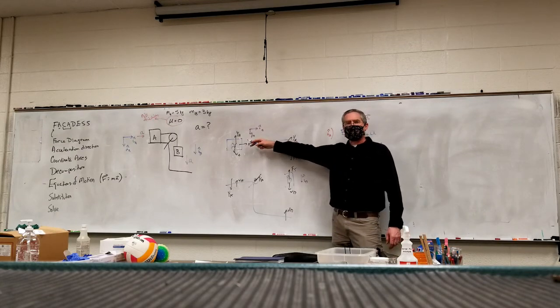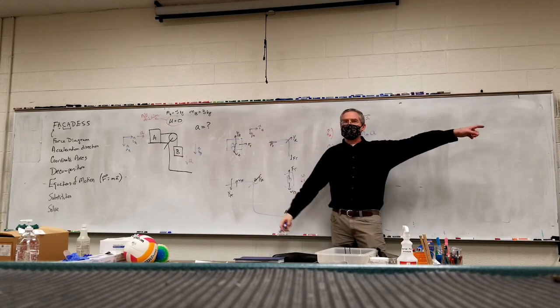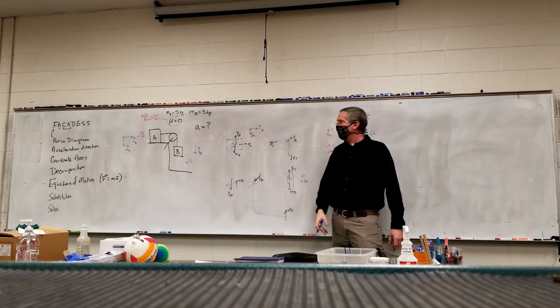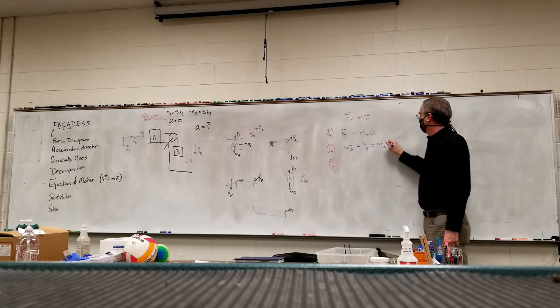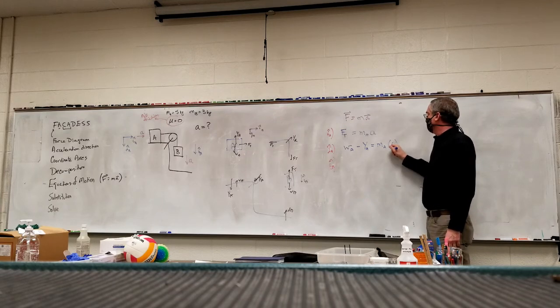What's the acceleration in the JA direction? 0. Precious, say it again. 0. The thing's accelerating to the right. It's not accelerating up or down. I hope A is not coming off the ramp or digging into the ramp. Times 0.